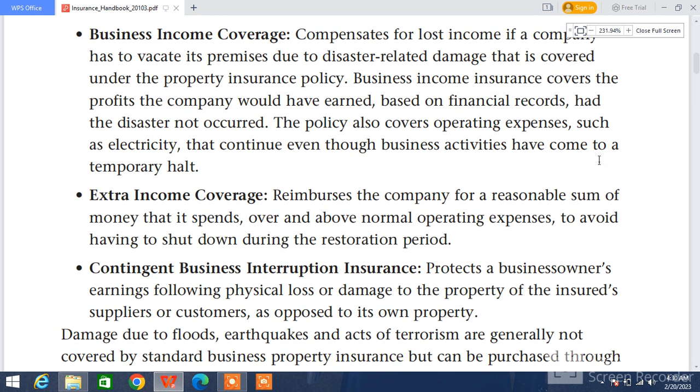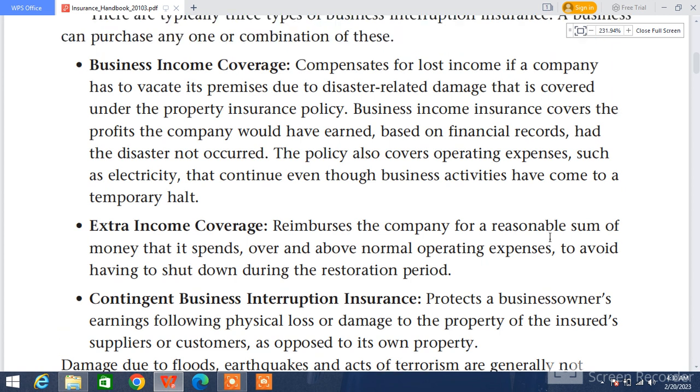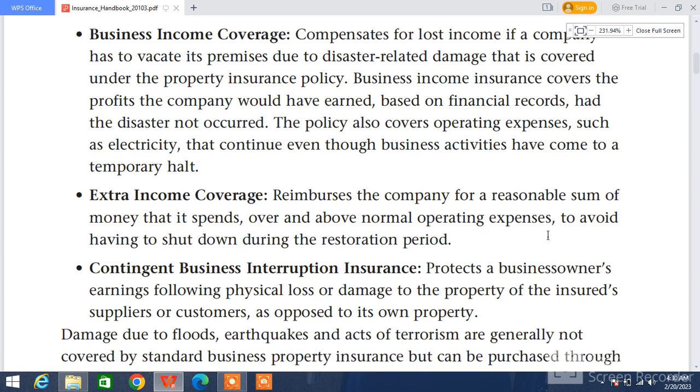So yeah, we were talking about business insurance policies, and the topic we are going to cover in this video is business income coverage. Business income coverage compensates for the loss of income if a company has to vacate its premises due to disaster-related damage that is covered under the property insurance policy.